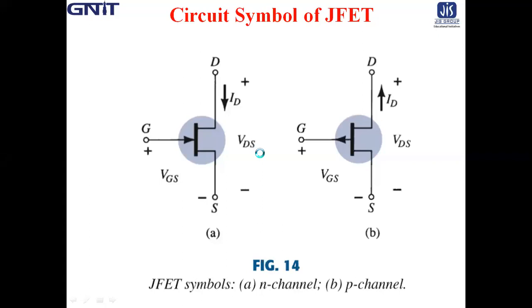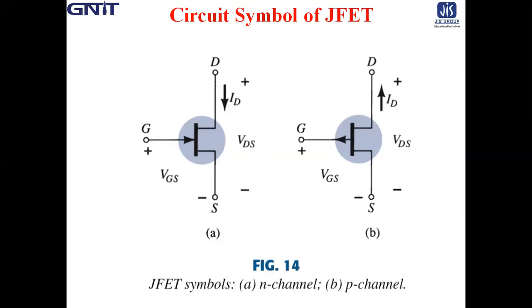This is the symbol of JFET. First is the N channel JFET and second picture is the P channel JFET. Now here the arrow in the gate indicates the direction of gate current when the gate to source junction is forward biased.